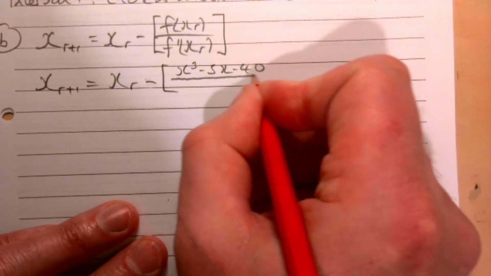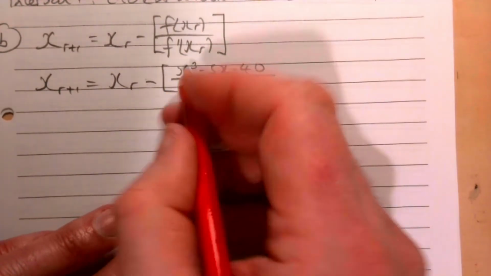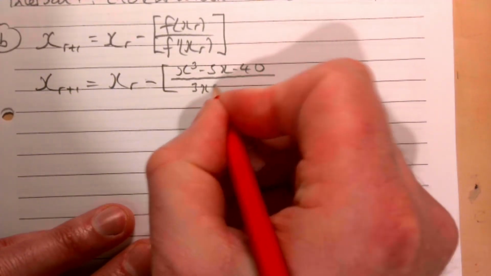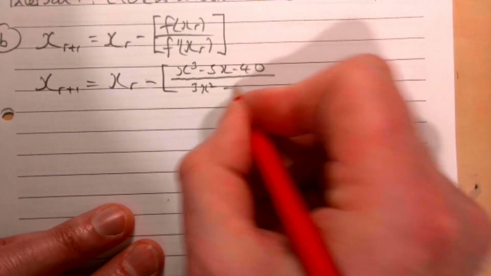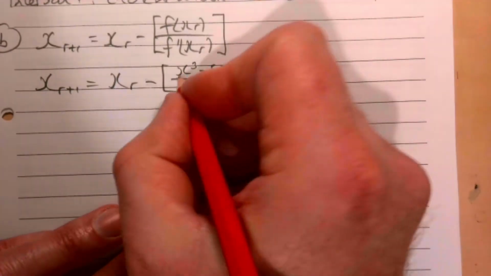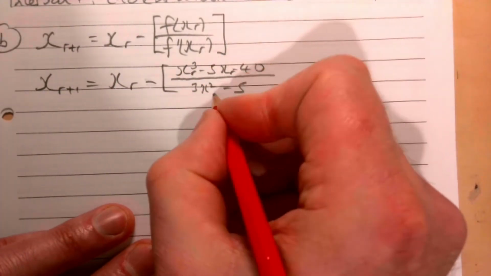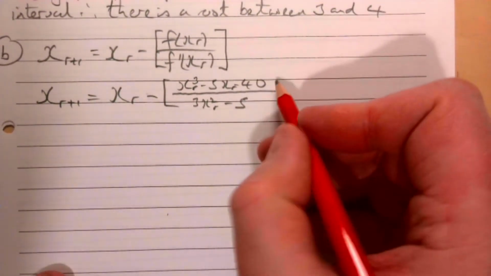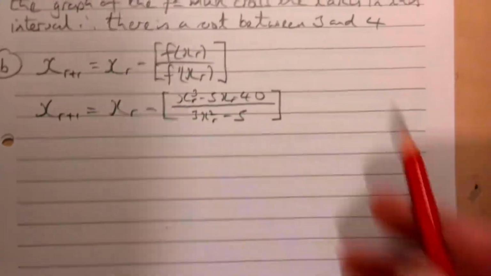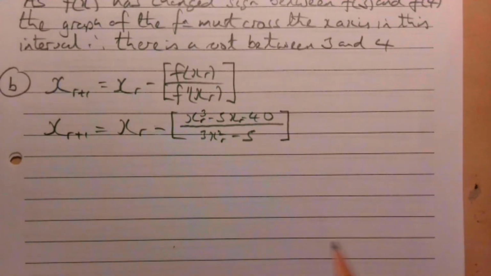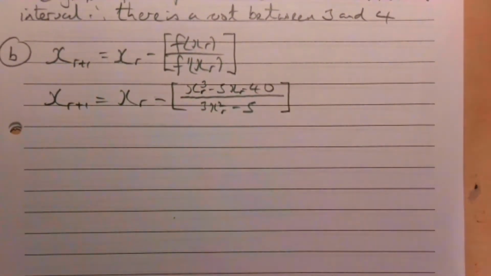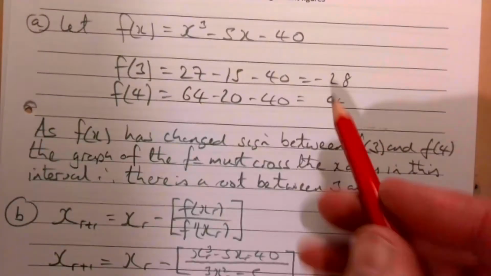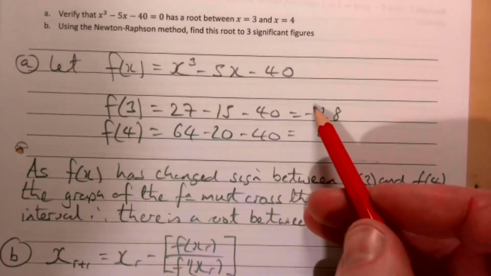For the differentiated function, what do you get then? If you differentiate this, you get 3x squared minus 5, and I should have a wee r here, here, and here. From our previous work, we know there's a root in between 3 and 4, so we're going to start with 4. Why am I starting with 4 rather than 3?